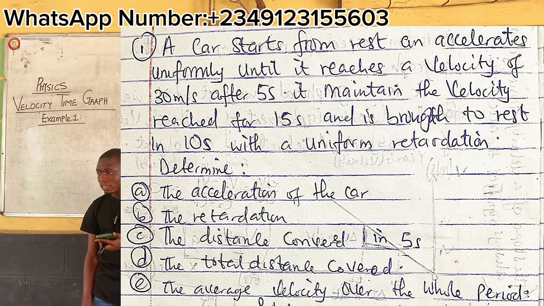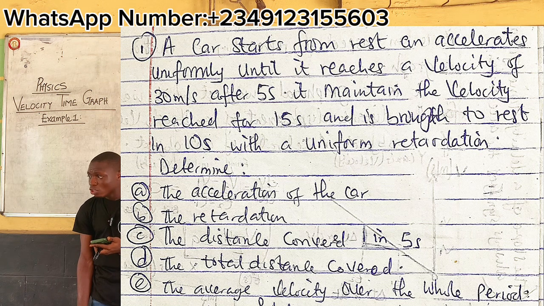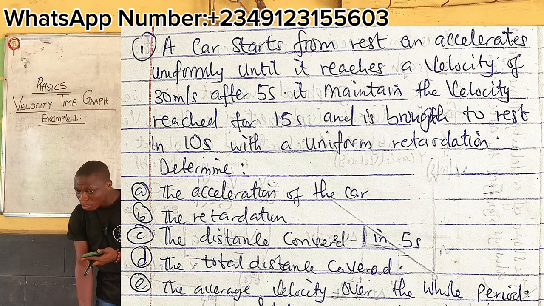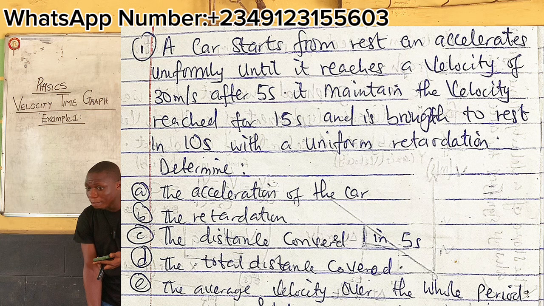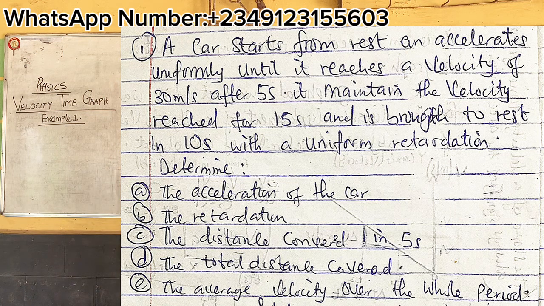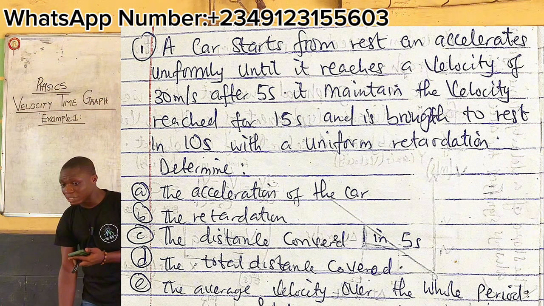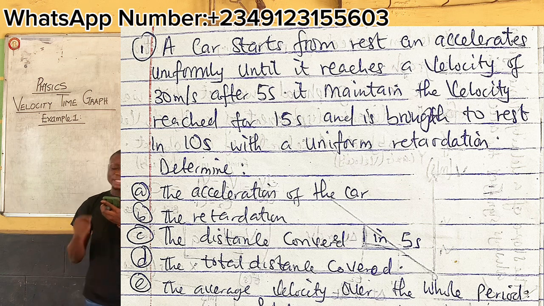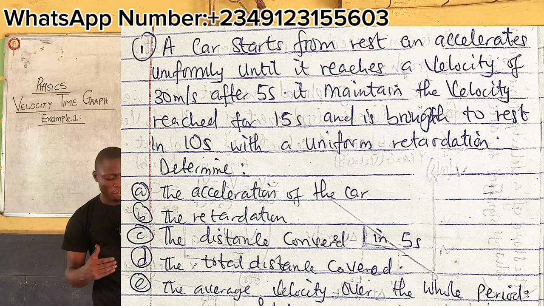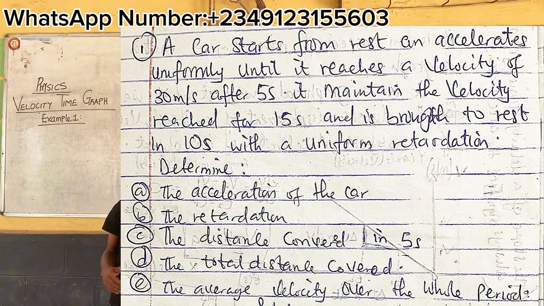Please listen. That maintain velocity reached, what does it mean there? Constant velocity. That's the concept. Either use maintain velocity reached or constant velocity. That's the same thing. So it says it maintained the velocity reached for 15 seconds, and it's brought to rest.